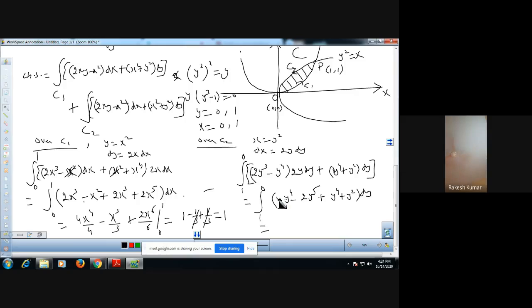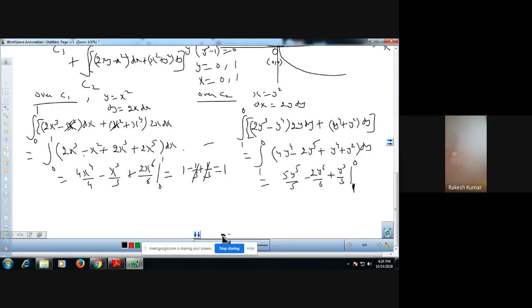Let us add 4y4 and y4, that is 5y4, so this is 5y5 over 5, 2y6 over 6 plus y cube over 3. This is lower limit is 1, upper limit is 0. So let us substitute the limit now. Sorry, you have to substitute upper limit first.